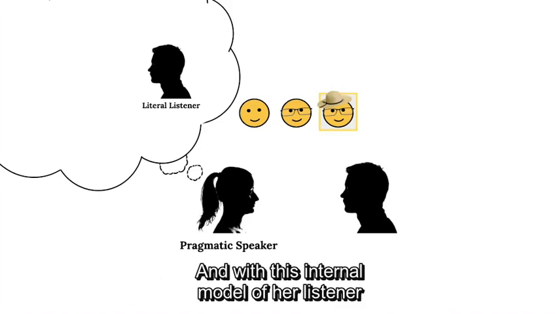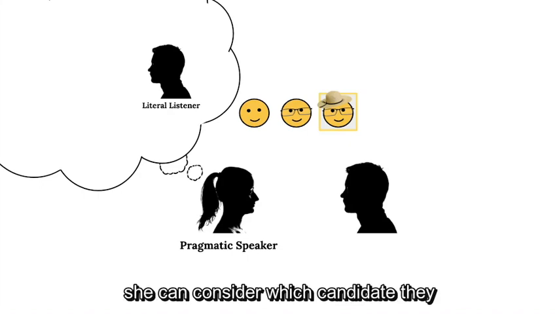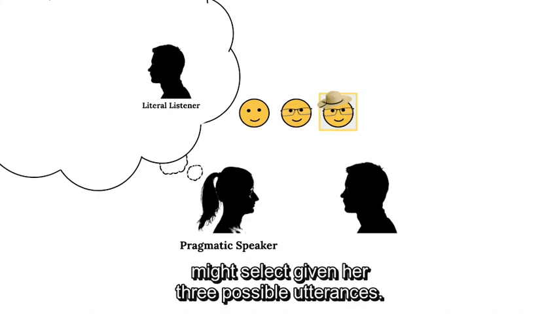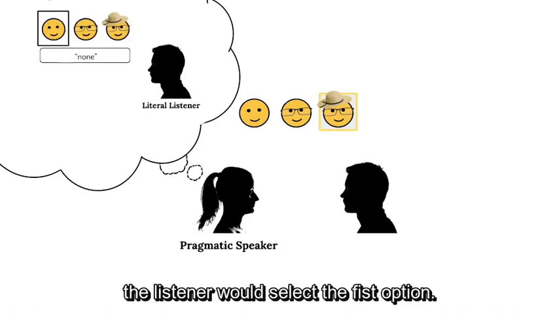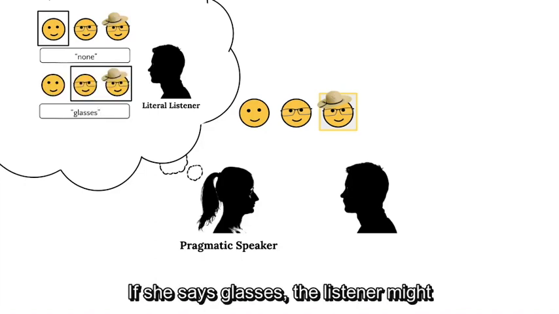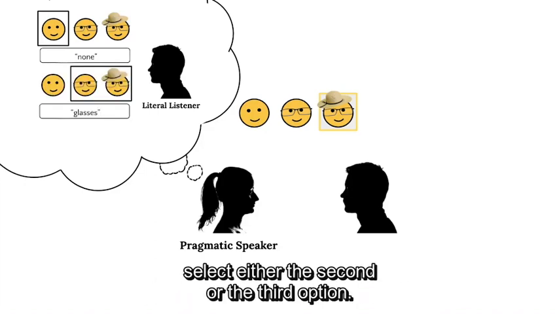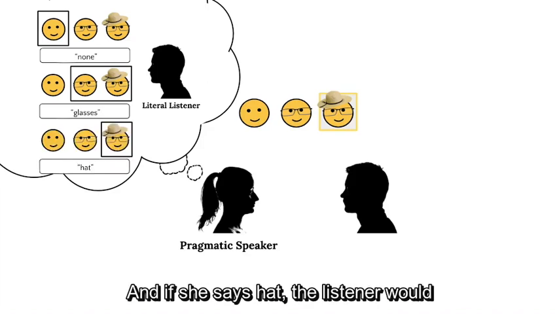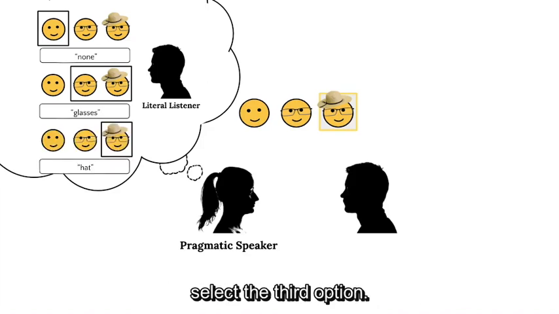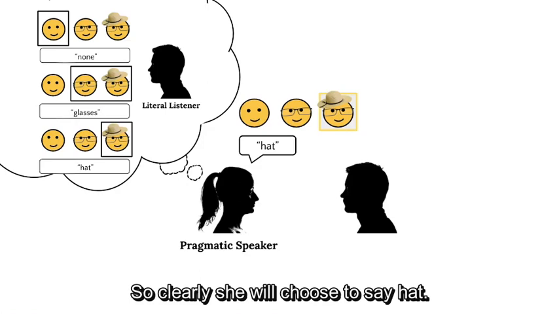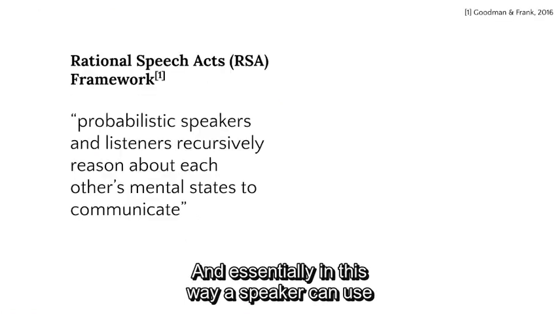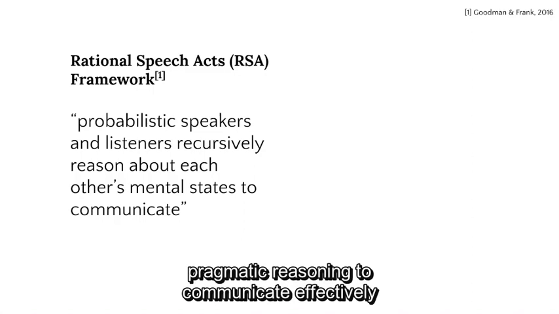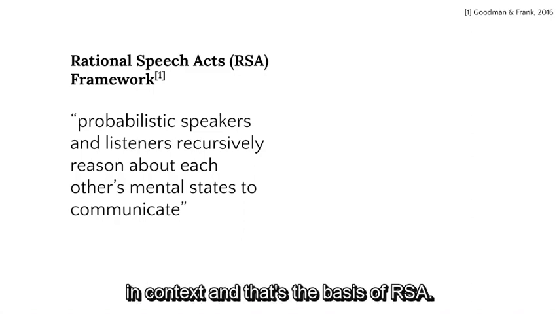And with this internal model of her listener, she can consider which candidate they might select given her three possible utterances. She can reason that if she says none, the listener would select the first option. If she says glasses, the listener might select either the second or the third option. And if she says hat, the listener would select the third option. So clearly, she will choose to say hat. And essentially, in this way, a speaker can use pragmatic reasoning to communicate effectively in context, and that's the basis of RSA.